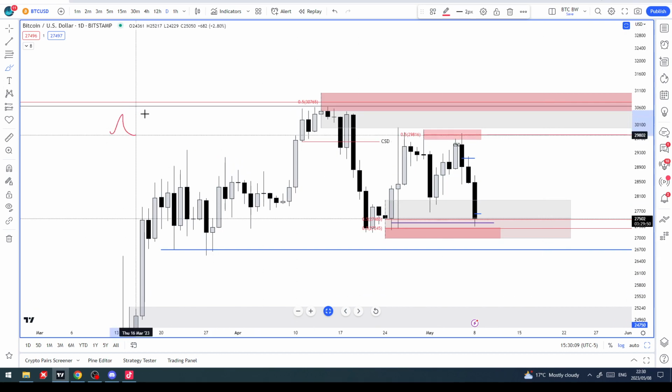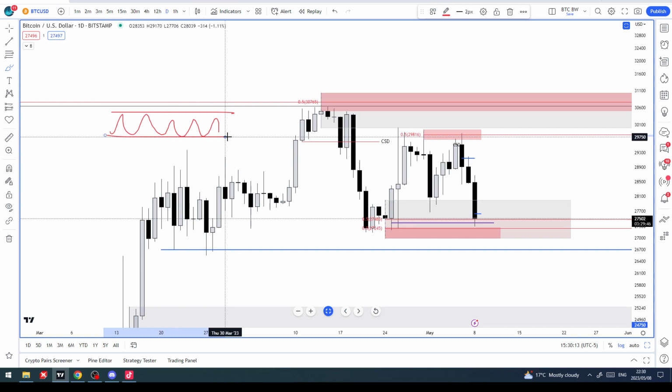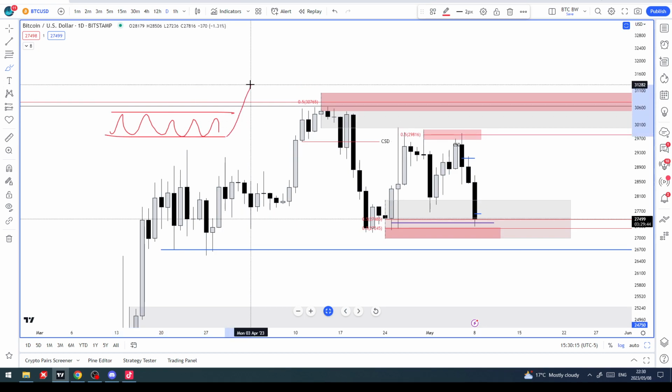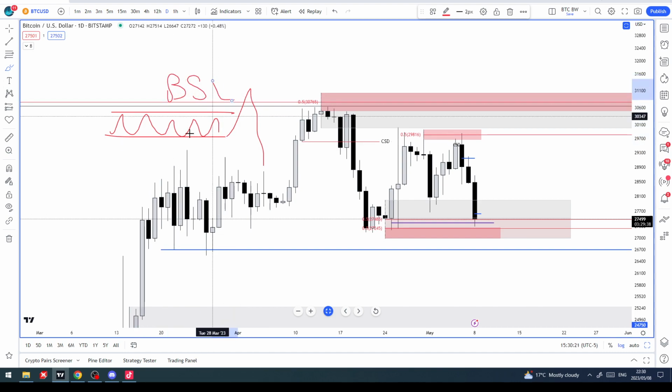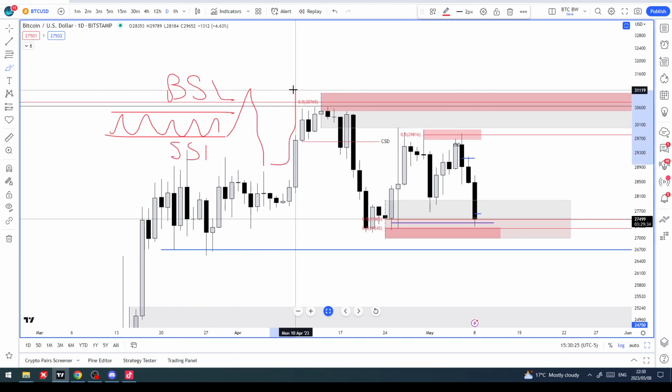So if this was liquidity here, if you are bearish, you want to see the run here, then the run down here. We take buy side, then we take sell side, which gives us the dealing range from here to here. Any retracements to 50% is a short, right?